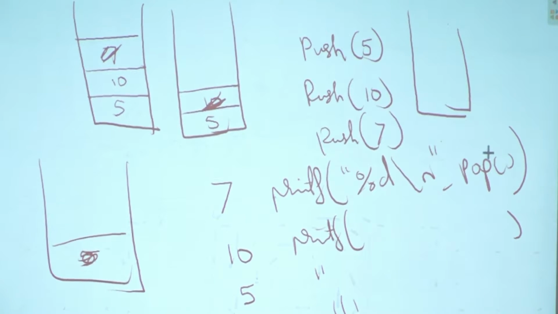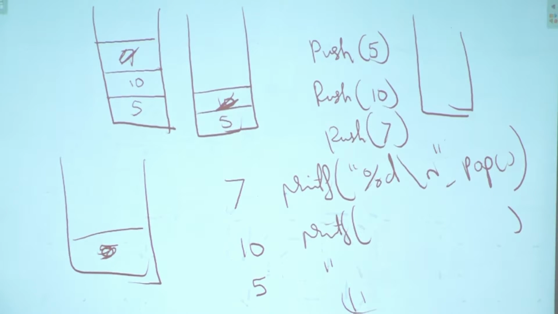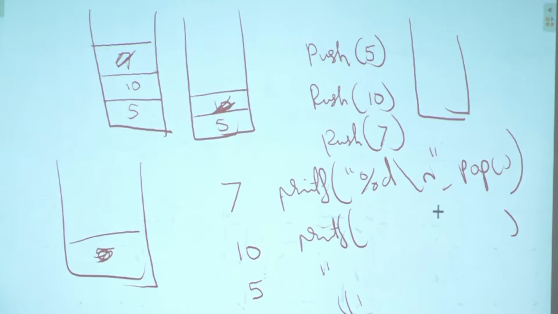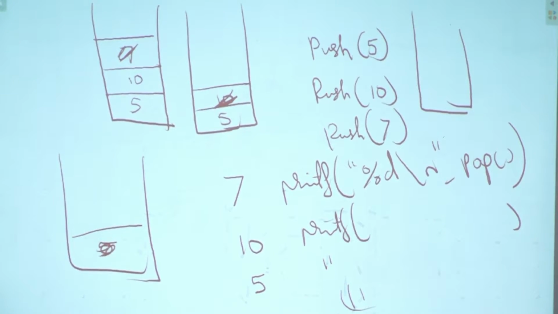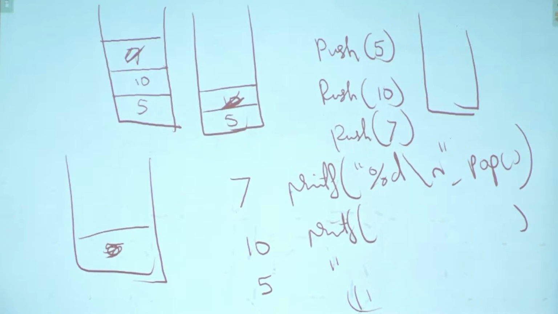What will I get? I'll get an error saying stack underflow. This is called underflow. Overflow means you cross the limit of the size of the stack. And underflow is basically coming down. So we have these conceptual operations called push and pop.